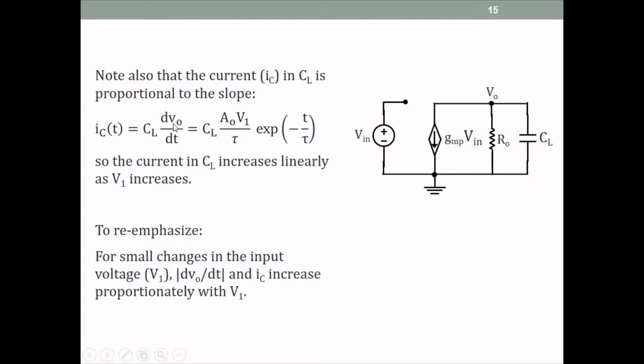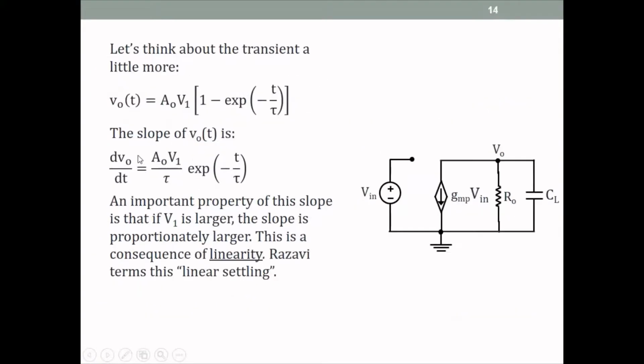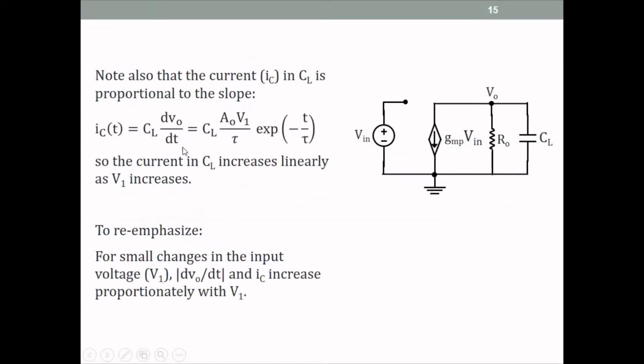Now let's also look at the current flowing in CL in this circuit, again the small signal circuit. The current flowing in CL is IC, which is C dV/dt, so CL times dVo/dt, which we just found. What this is telling us is that the current in the capacitor also increases linearly as V1 increases.